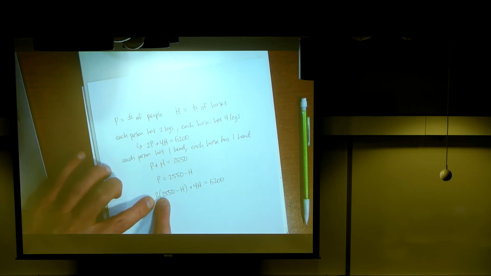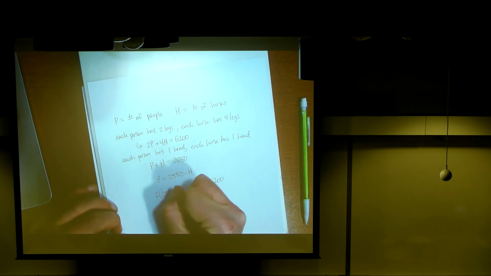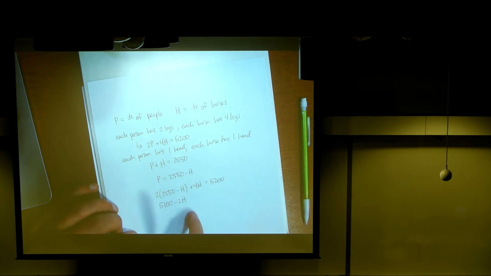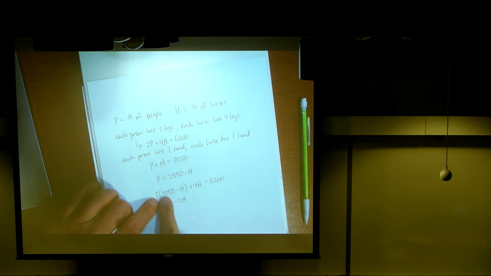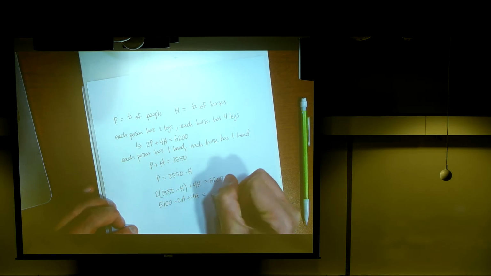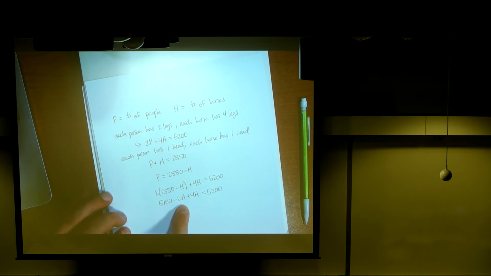What's 2 times 2,550? Can someone just crunch that real quick? That's 5,100. And then I have minus 2H here when I distribute into the parentheses, and then I have plus 4H here. And then I have 5,200 here. So what's 4H minus 2H?